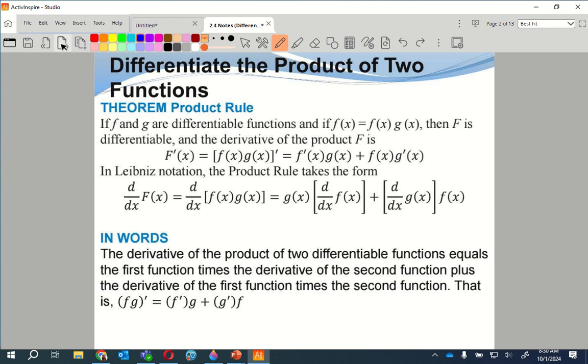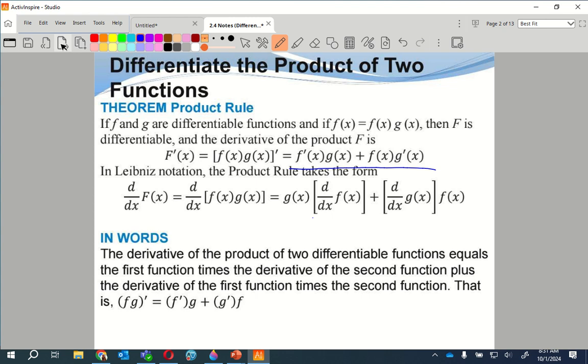So product rule, if they are differentiable and I have two separate functions being multiplied together, and I'm taking the derivative of both those being multiplied together, it's going to turn into f prime of x times g of x plus f of x times g prime of x. And then the Leibniz rules on this one, it says the same thing.